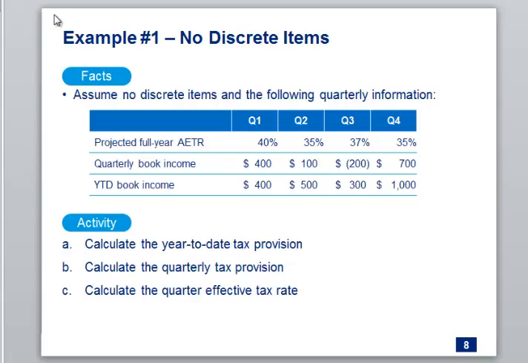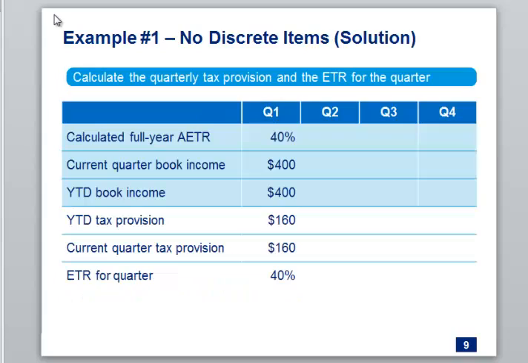Okay, so the question was, if this was a company, what would we do for their quarterly expense every quarter? All right, so if I go to Q1, Q1 is basic. I think my rate's 40% for the year.